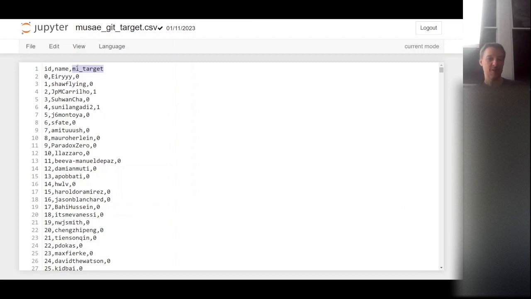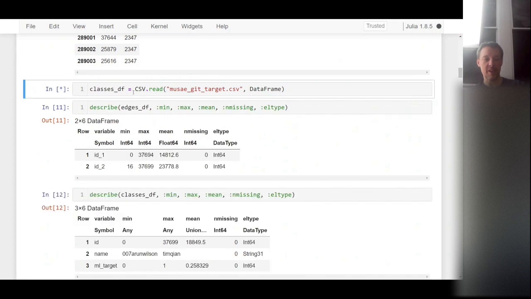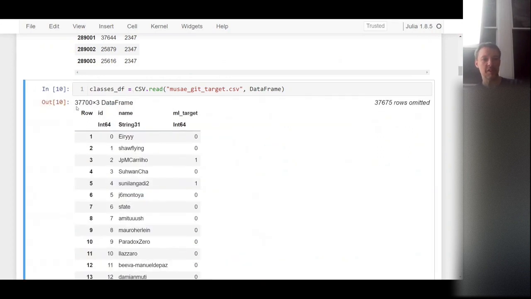So Stefan Karpiński in this data frame is seen as a machine learning developer, not a web developer. So let us read in this data set again to a data frame. The structure is the same, and we see that we have 37,700 developers in our database.